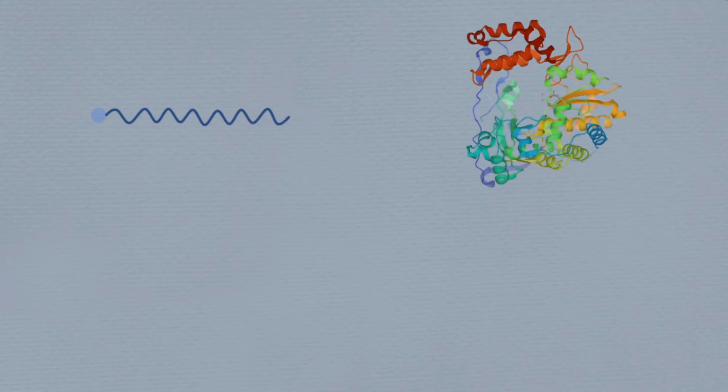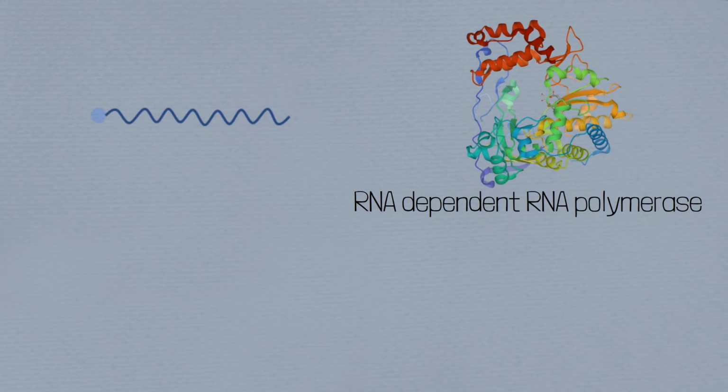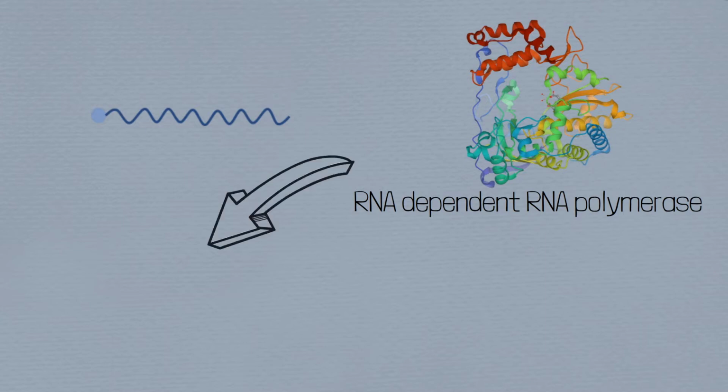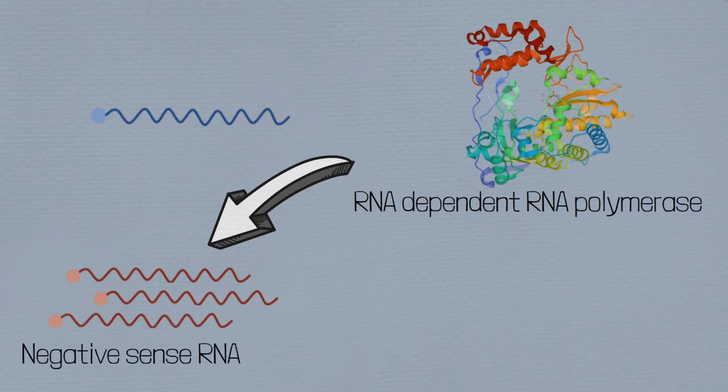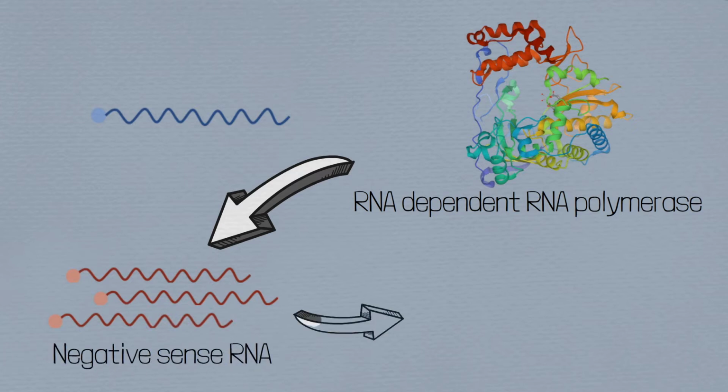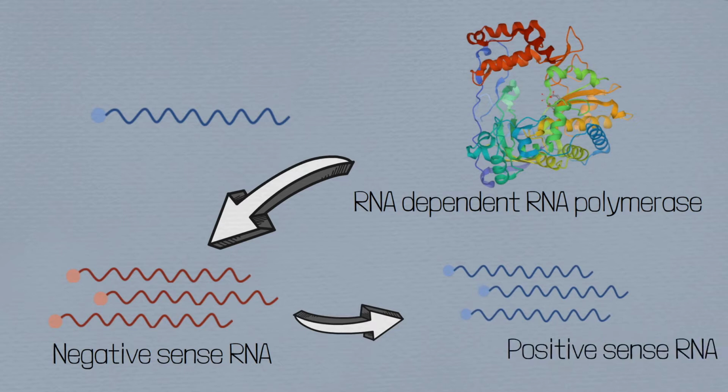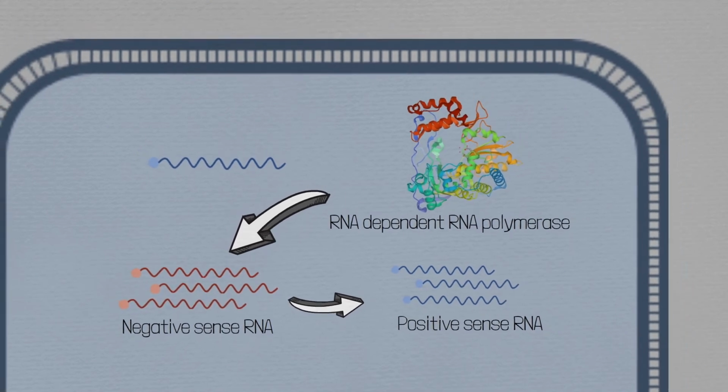The non-structural proteins recruit cellular membranes to form a viral factory, where the original viral RNA is encapsulated. Another non-structural protein that was produced is called RNA-dependent RNA polymerase, which uses the original viral RNA strand as a template to transcribe it into negative sense RNA and subsequently multiple positive sense RNA, which are identical to the original viral RNA.